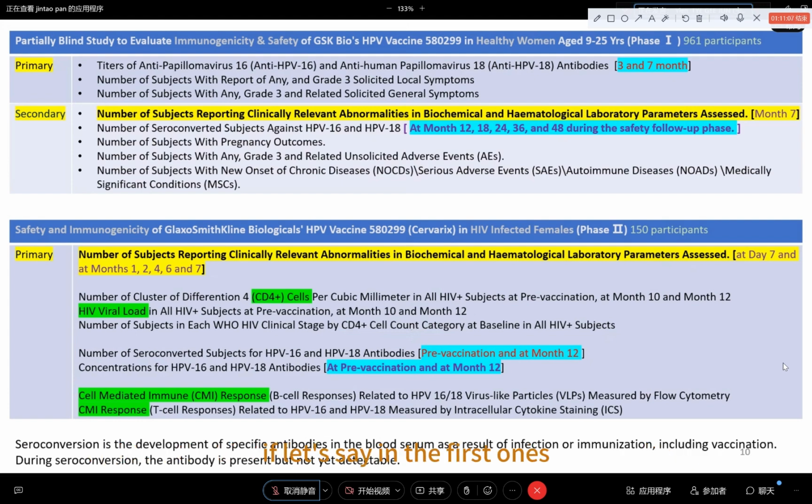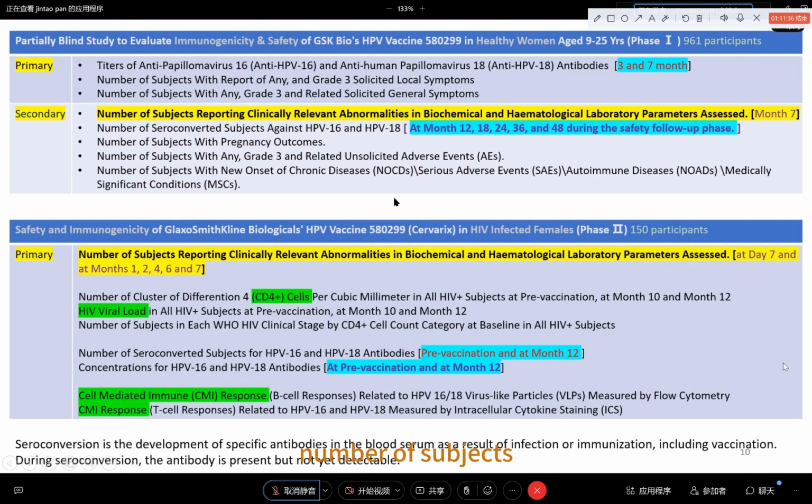Now, if in the phase 1 study you conduct it on patients as well, you're going to get some information, for example, to see whether there is a possibility of finding efficacy. Okay, so if you look at the primary results here, it's written as titers of anti-papilloma virus 16 and anti-papilloma virus 18 antibodies.